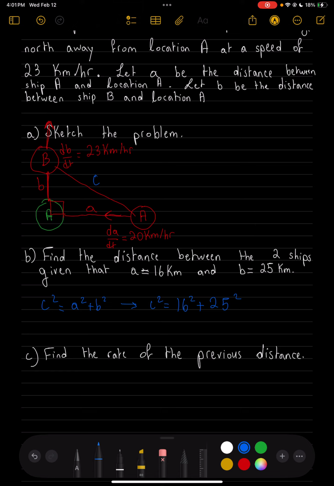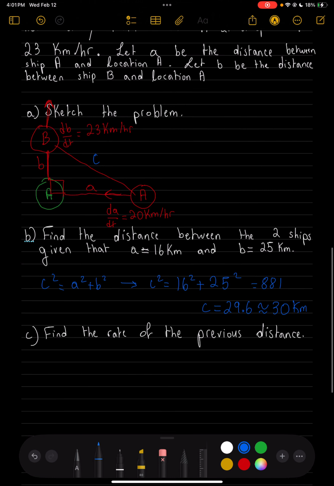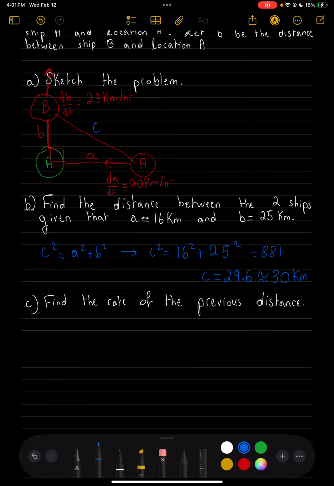So that means, okay, which is going to be 881. So the square root of 881 is going to be 29.6. So we're going to round it up to 30. What's the unit over here? Kilometers.